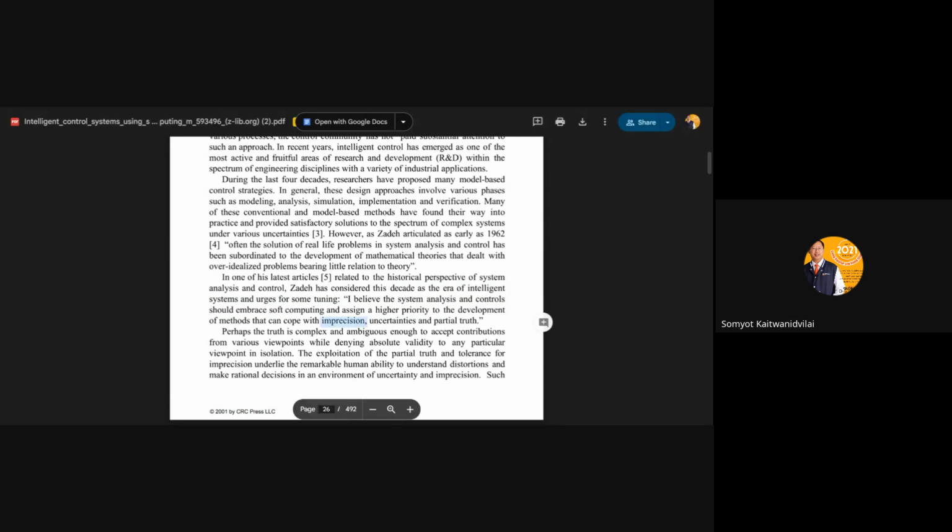Study tries to make a structure called fuzzy logic, and fuzzy logic is a structure that's good for systems with imprecision, uncertainty, and partial truth. Okay, it looks like a human. If you say today is hot, maybe 25 degrees is hot.